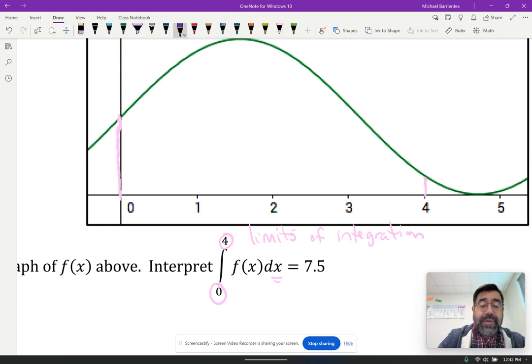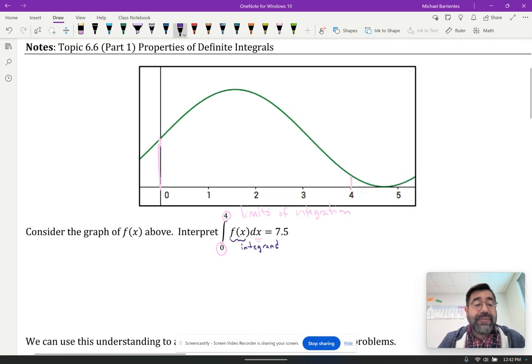This inside part, or the function itself, is called the integrand. So we're taking the definite integral, that elongated s-looking symbol, of an integrand. This is called the differential, which tells me what variable I'm using. I'm taking the integral of this function, f of x, from 0 to 4.